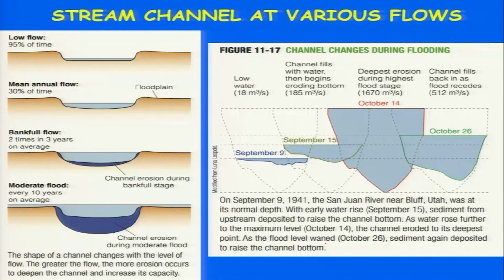As the flood level came down, on 26th October, sediment was again deposited. So the channel pattern or shape changes during the flood, and it will be different before and after the flood.